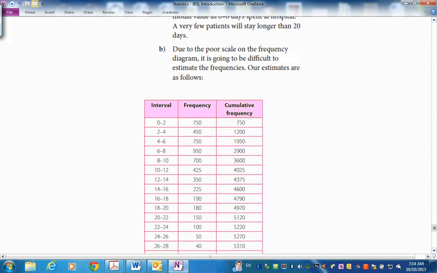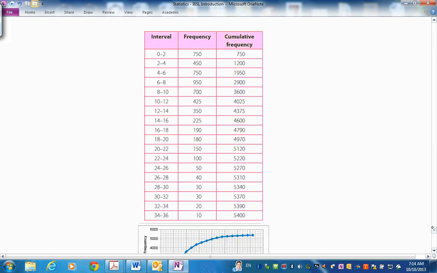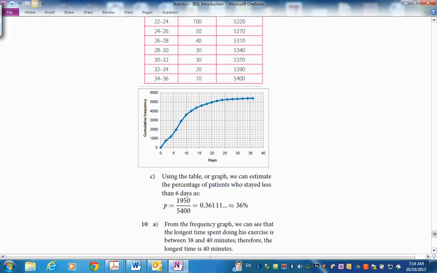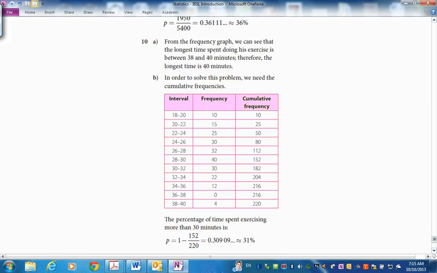So let's look at part B now. And we're just coming up to number 10. Okay, and just the last little bit of 10 here.